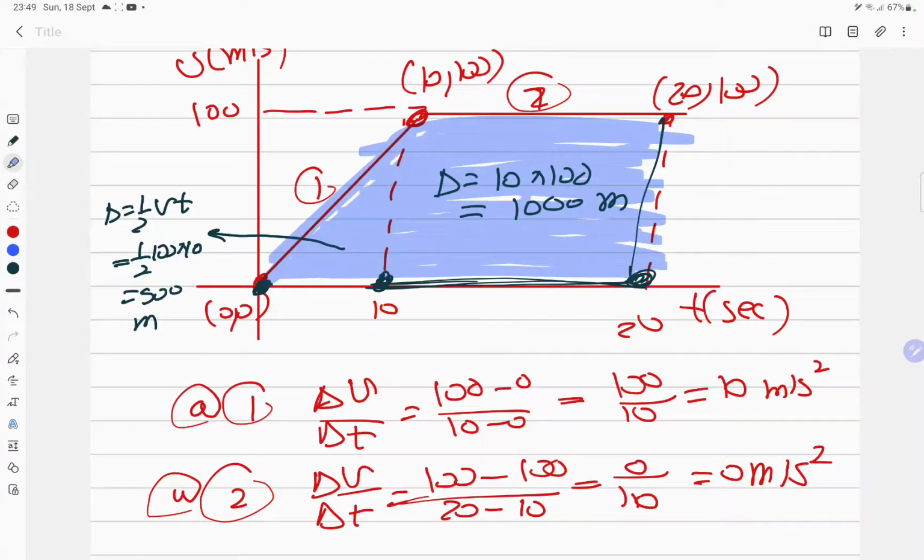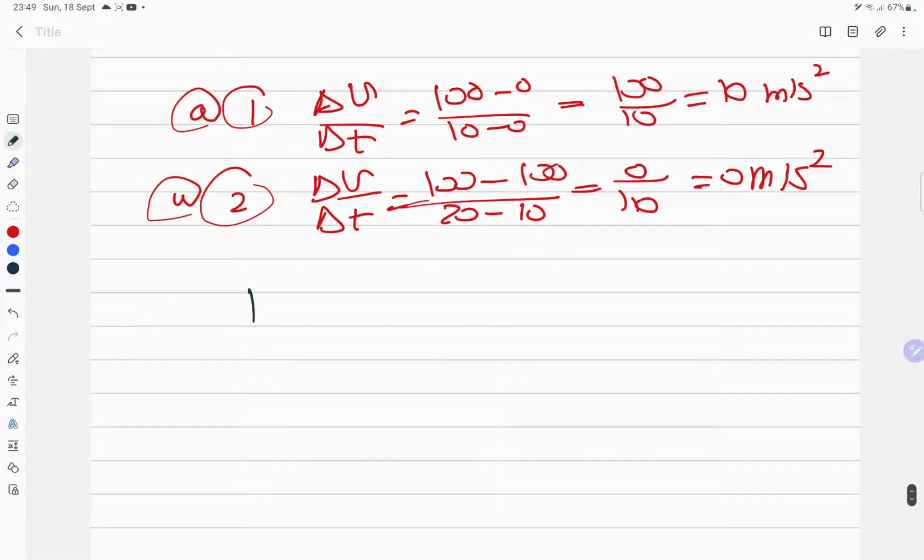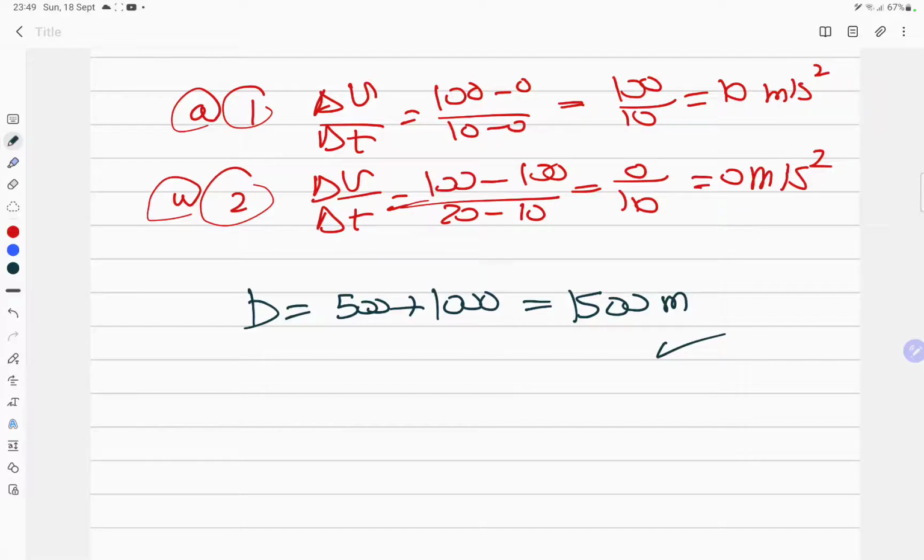So in this case, the total displacement is equal to 500 plus 1000. That's equal to 1500 meter.